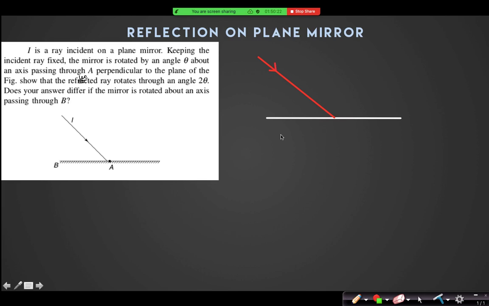I am not changing the incident ray. But I have rotated the mirror about this point. So if I rotate about this point, the mirror will be somewhere like this.